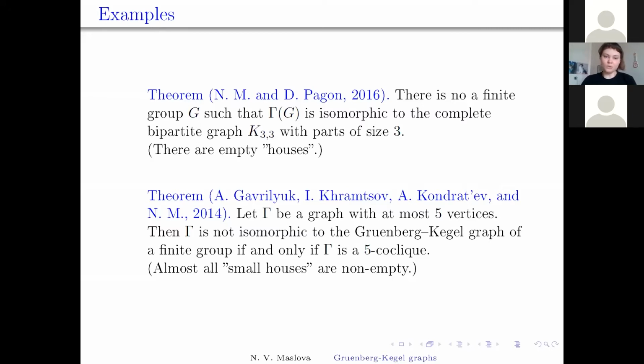So almost all small houses are non-empty. Thus, we have a rather interesting map of the city address book, and let us try to understand some rules to work with this address book, to work with finite groups via arithmetical characterizations by spectrum, by Gruenberg-Kegel graphs, and so on.